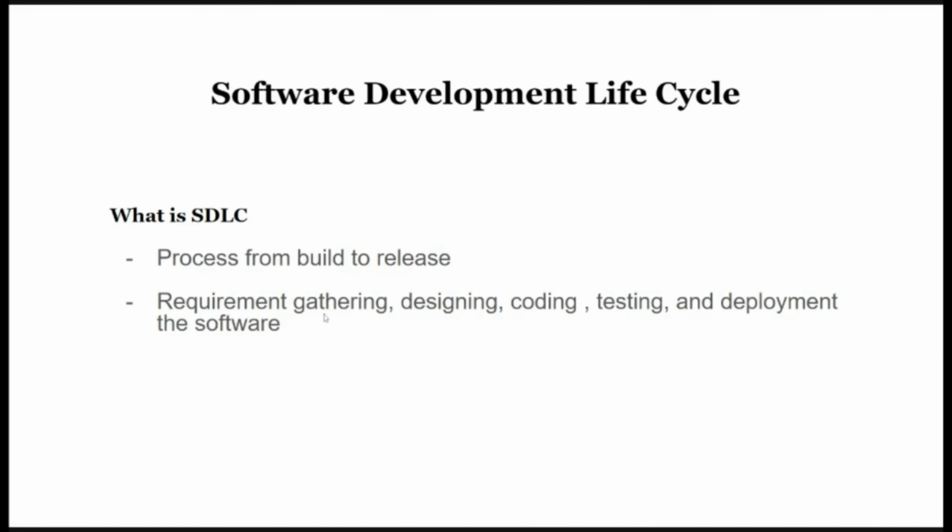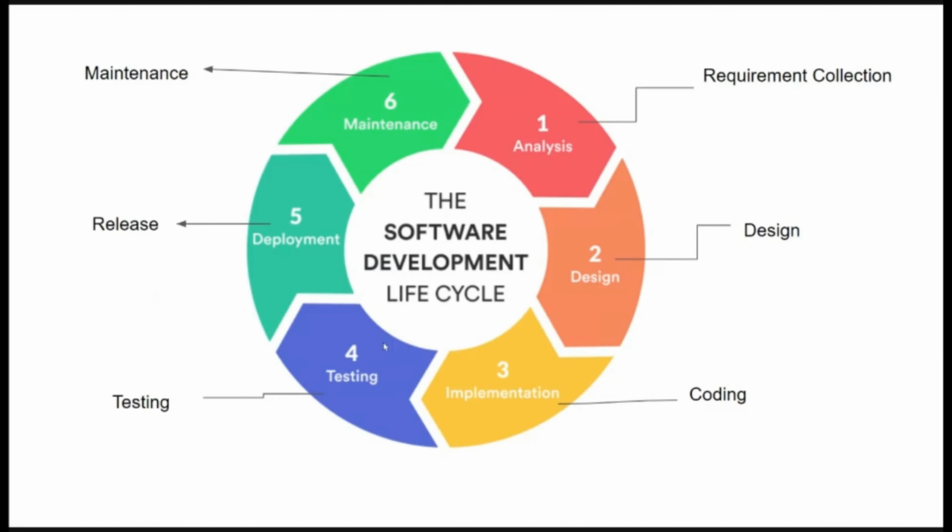Some processes are requirement gathering, designing, coding, testing, and deployment of the software. Now I'm going to discuss some parts of software testing. The first step is requirement collection. I'm going to give you a high-level view.